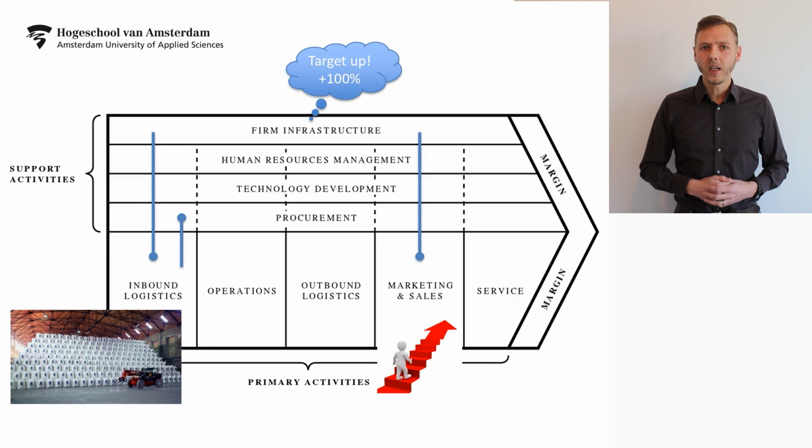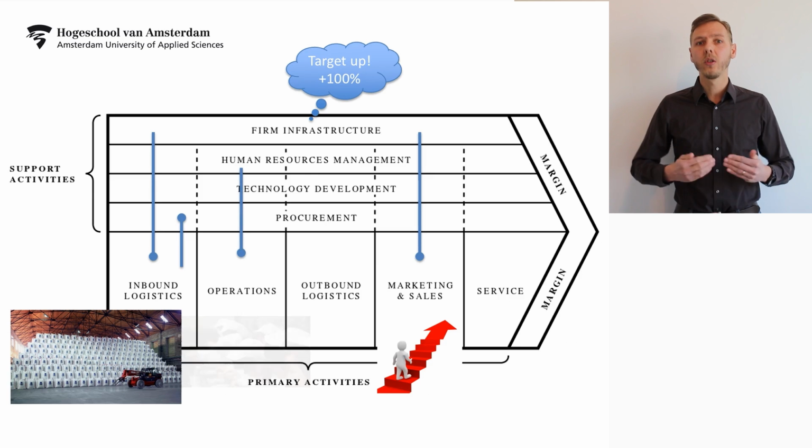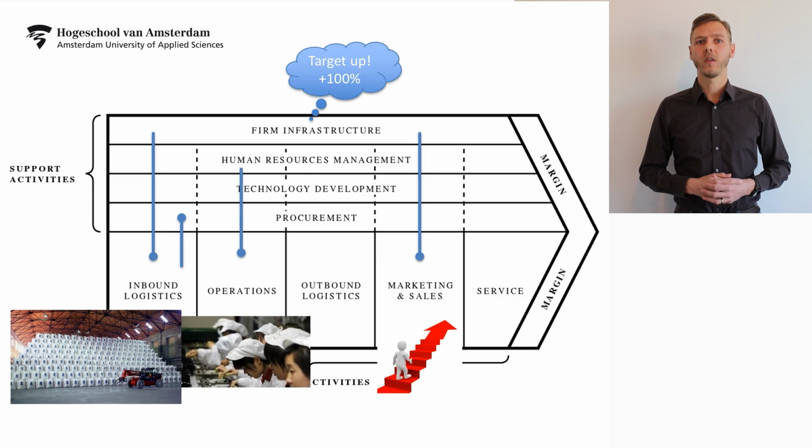And human resource management perhaps needs to hire more staff to produce all these extra mobile phones that you want to sell. So everywhere there's an internal linkage. Everyone has to know from each other what needs to be done, what the goals are, how fast they have to manage certain things, or how fast they have to produce certain products.